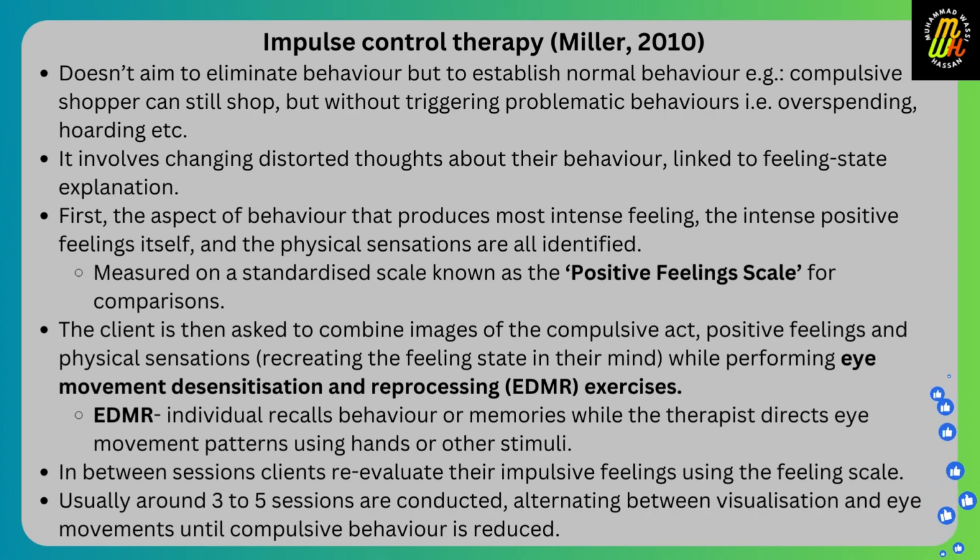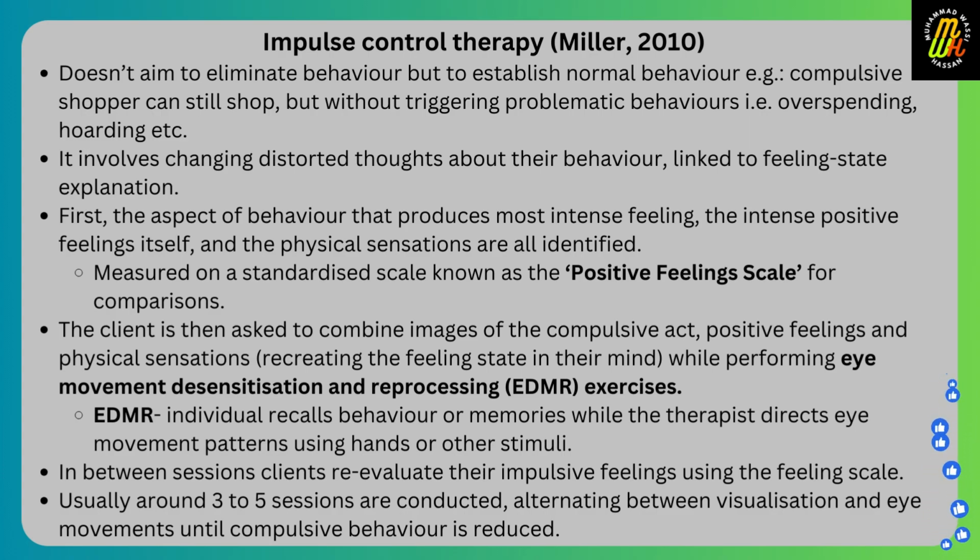The client is then asked to combine images of the compulsive act, positive feelings, and physical sensations, recreating the feeling state in their mind while performing eye movement desensitization and reprocessing, EMDR, exercises. In EMDR, the individual recalls behavior or memories while the therapist directs eye movement patterns using hands or other stimuli.